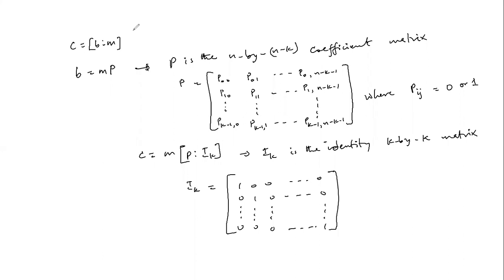But the k by n generator matrix is given by G, or the parity P times the identity matrix, such that C will now be the same as the message bit times the generator matrix.